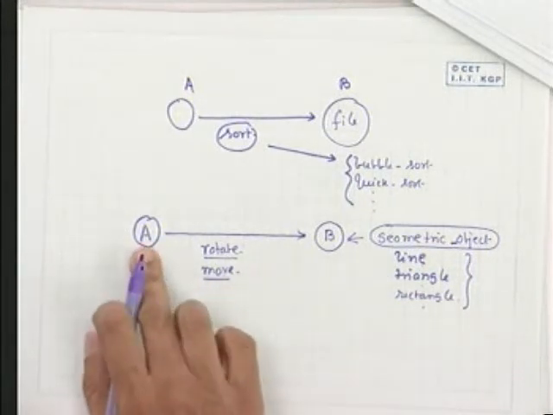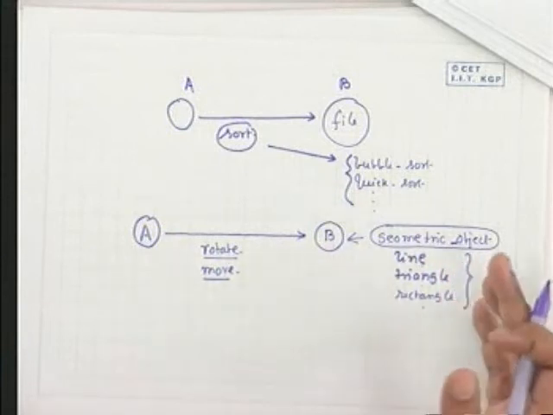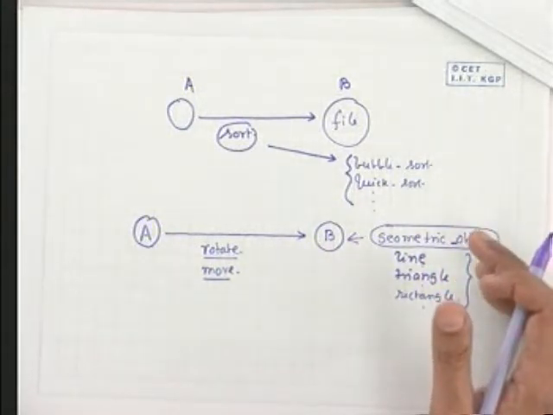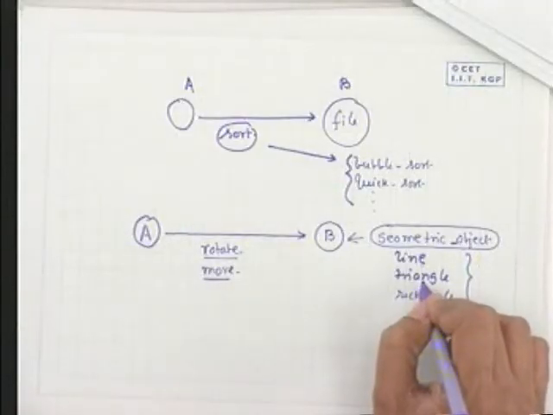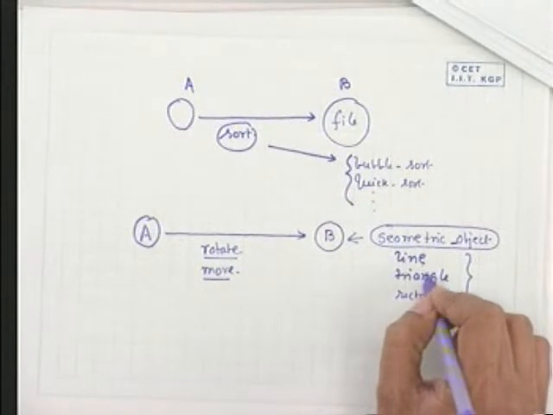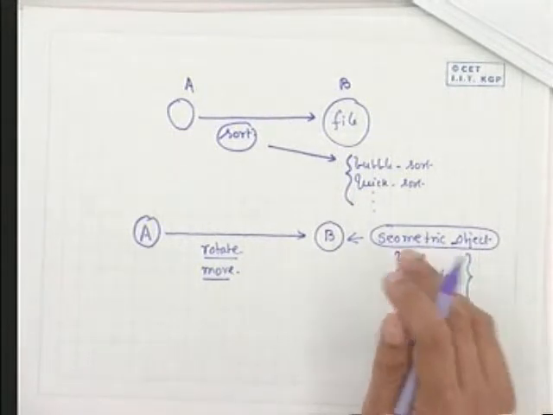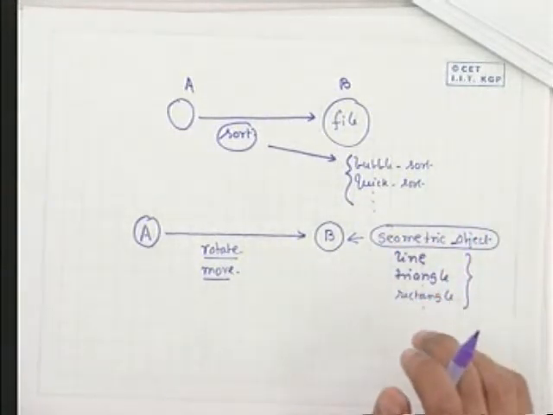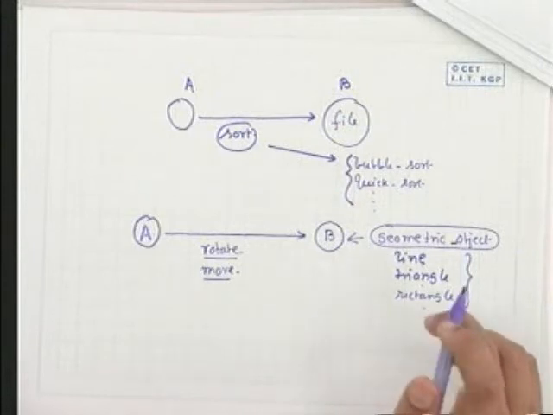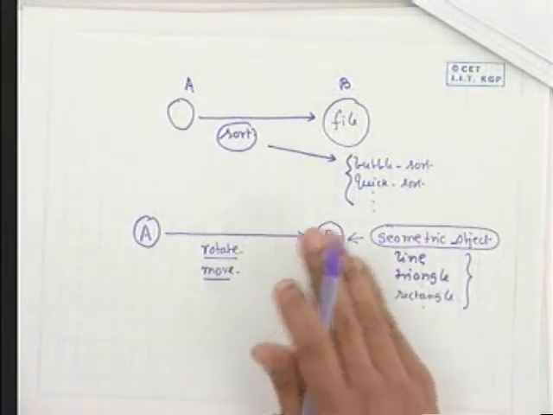When the object A wants to move a particular object of the class geometric object, depending upon the particular instance we are referring to, the method associated with it will be used. For instance, if it's a line, then the line movement algorithm or function will be executed. If it's a triangle, then the movement will be done following the function or operation which moves a triangle, and so on.